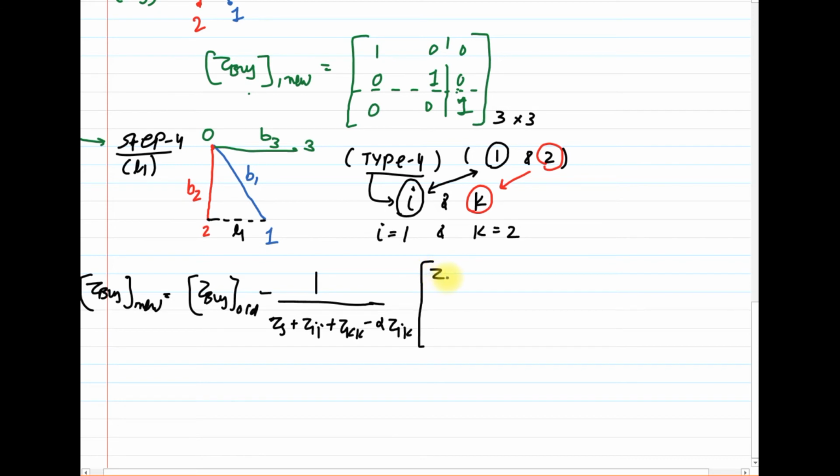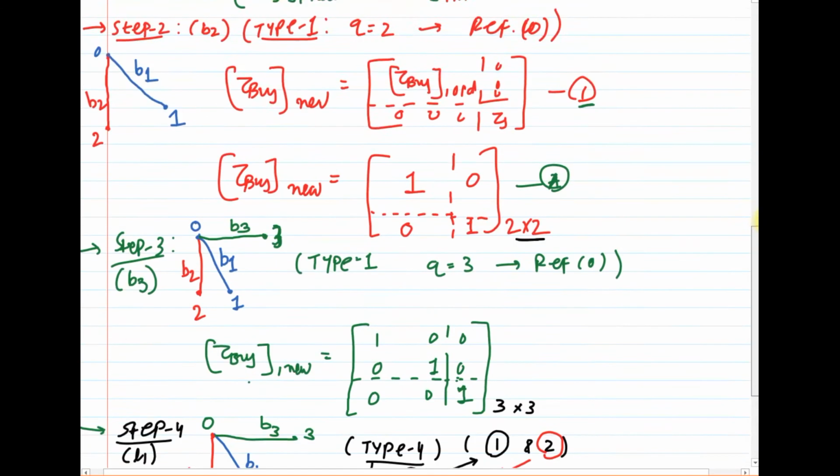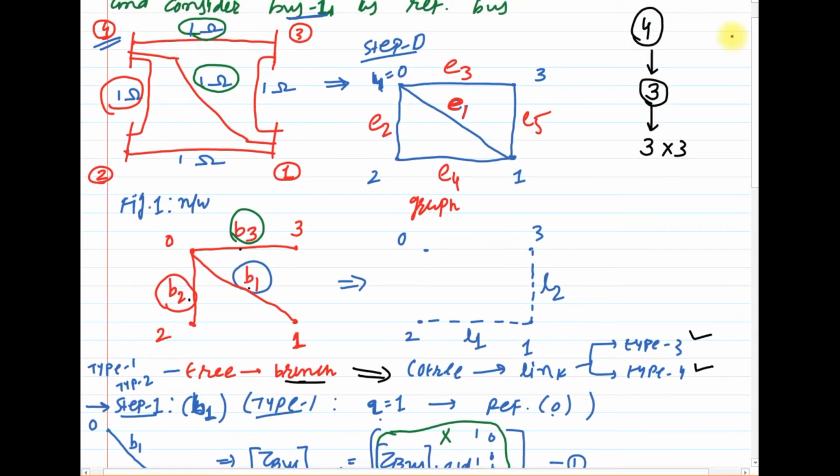column vector, which is Z1I minus Z1K, Z2I minus Z2K, and up to n, where we have considered n equal to 3 because the total number of buses in the network is 3. We do not consider the reference bus in our system.